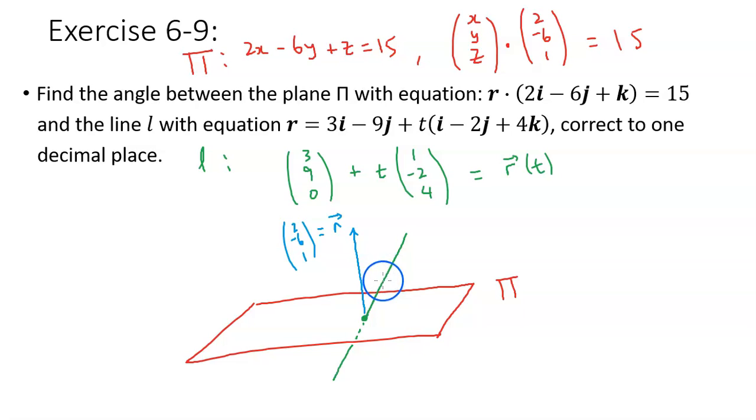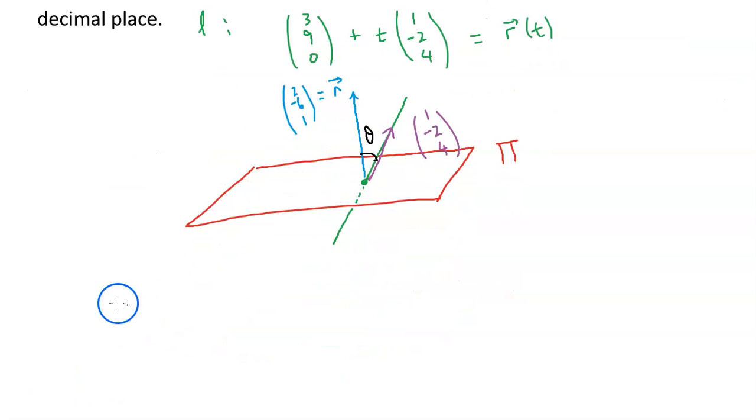And we can say the direction vector of our line looks like this: (1, -2, 4). For now, it doesn't really matter. And let's go ahead and find theta, the angle between them. So theta is equal, by the way, let's give this vector a name, B.